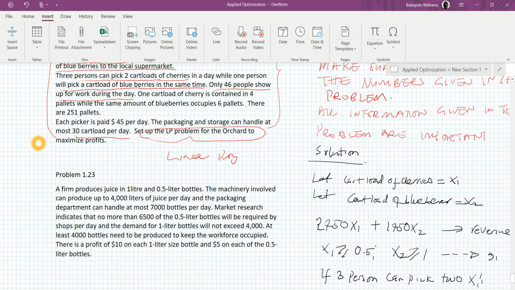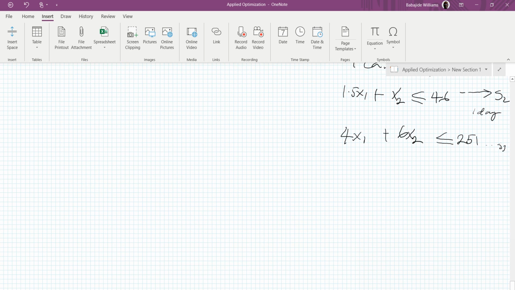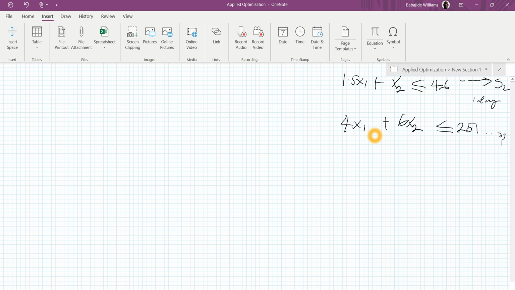So then we need to estimate the cost. Remember that I have 1.5 workers picking a cartload of cherries, plus just one worker picking a cartload of blueberries.